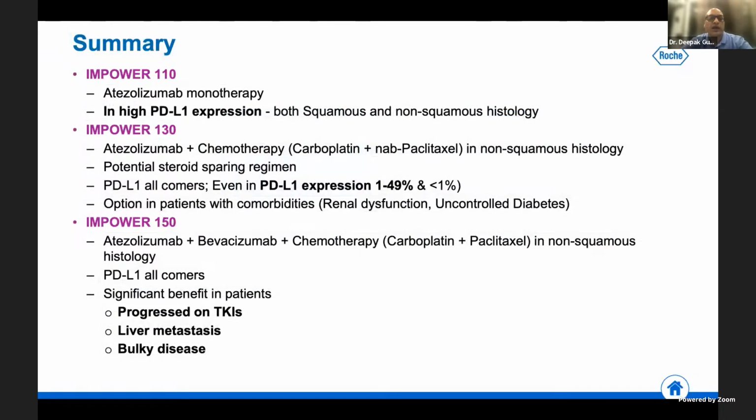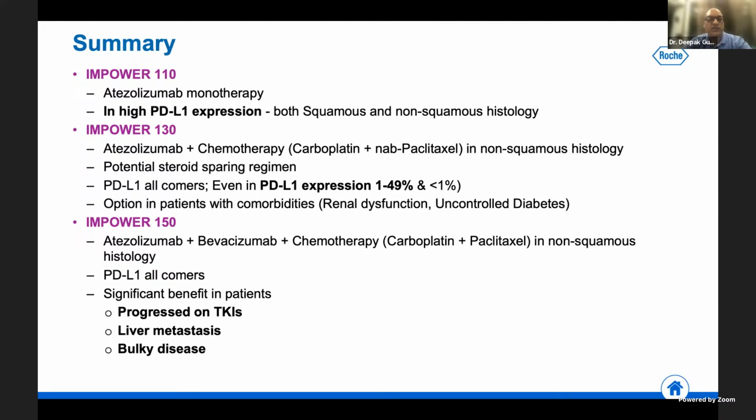So to summarize, IMpower110 tested atezolizumab monotherapy in high PD-L1 expression in both squamous and non-squamous histology. IMpower130 is atezolizumab with nab-paclitaxel and carboplatin in non-squamous histology, to test a potential steroid sparing regimen, and PD-L1 all comers were included, even less than 1%.